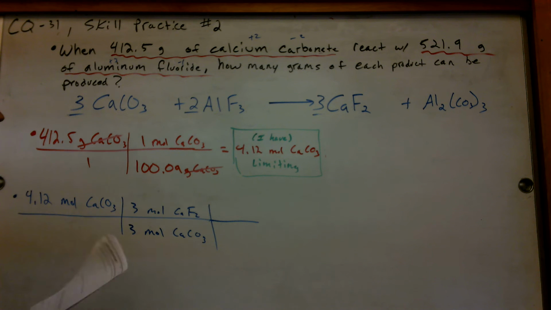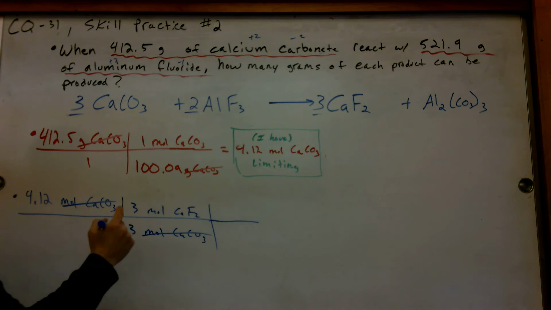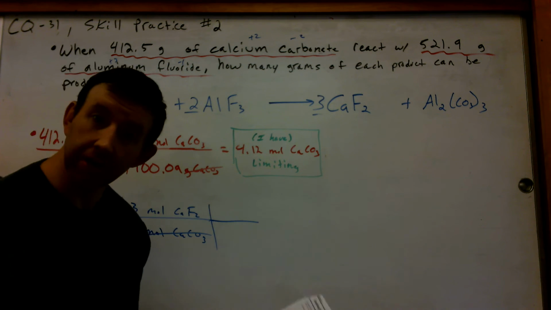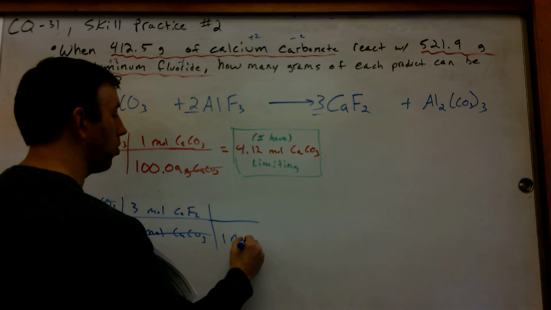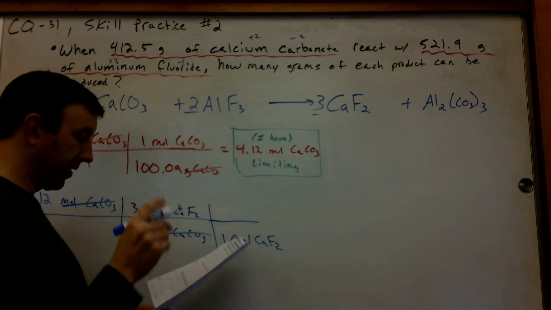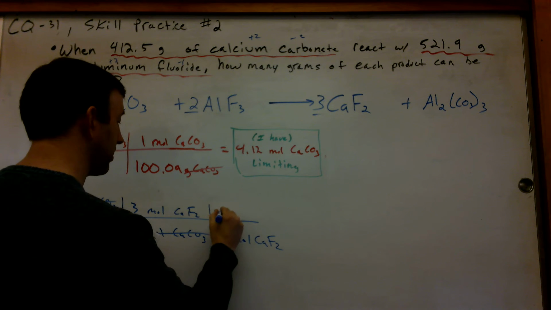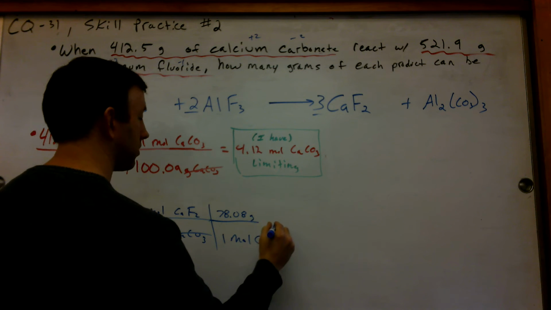Now, how many grams of each product do I produce? This is going to put me in moles of calcium fluoride. I need to convert that to grams, and we know how to do that. In 1 mole of calcium fluoride there is a mass of 78.08 grams.